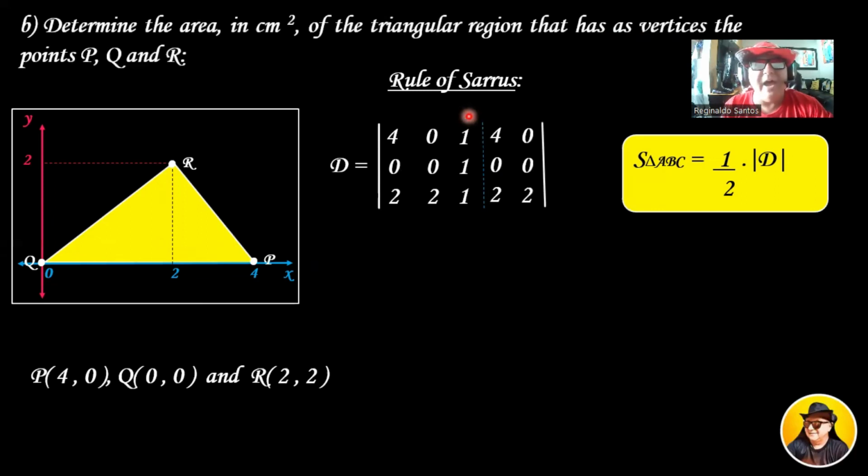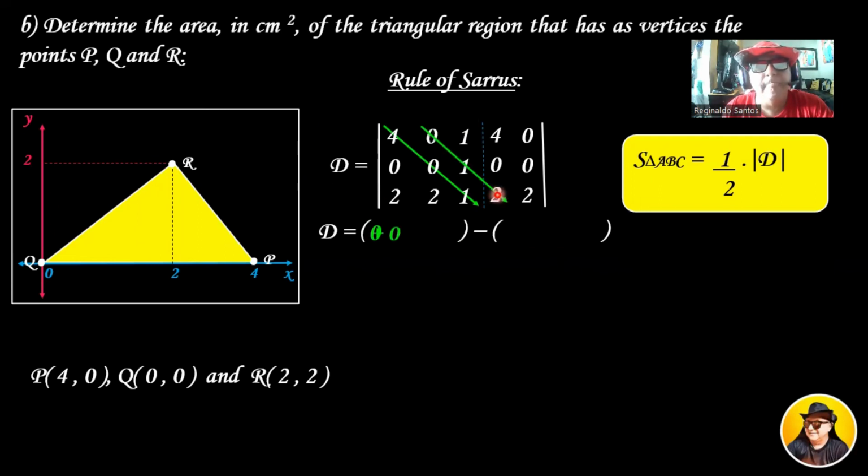Remember, now we have the main diagonals. See the determinant. Write 2 brackets and a negative sign between them. So to get these numbers here, we have to multiply. 4 times 0 is 0, times 1 is 0. And the other, 0 times 1 is 0, times 2 is 0.